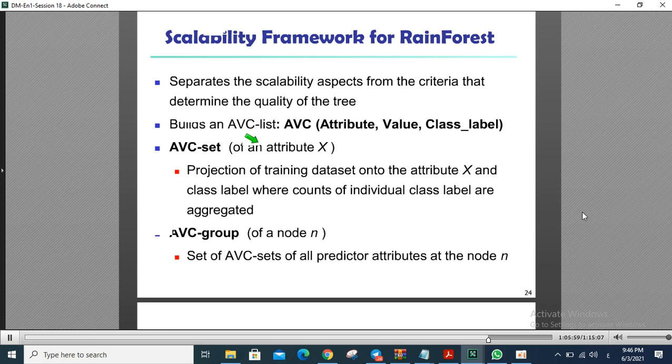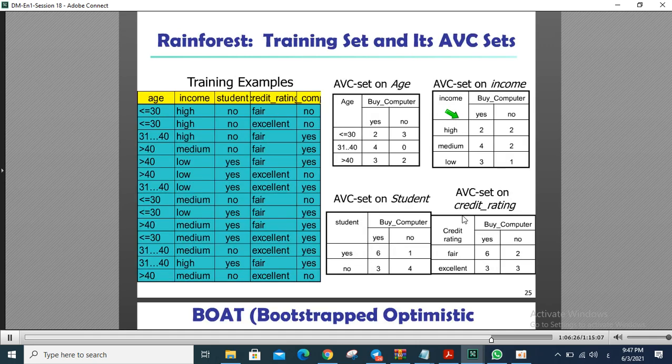To this end, the RainForest strategy is using two different definitions. One of them is the AVC set and the other is the AVC group. The AVC set is used for an attribute X, and the AVC group is used for a node N.